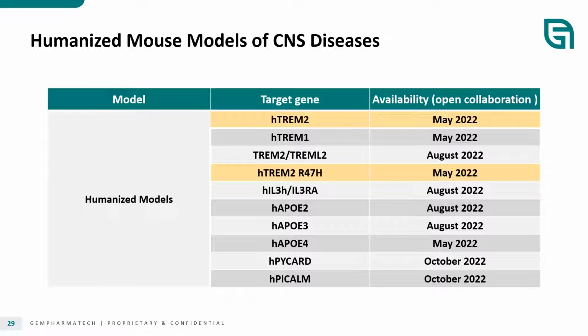And we would love to work with anyone who is interested in working on these or any of our other neurodegenerative disease mouse models, to bring them forward and bring them out into the research market.